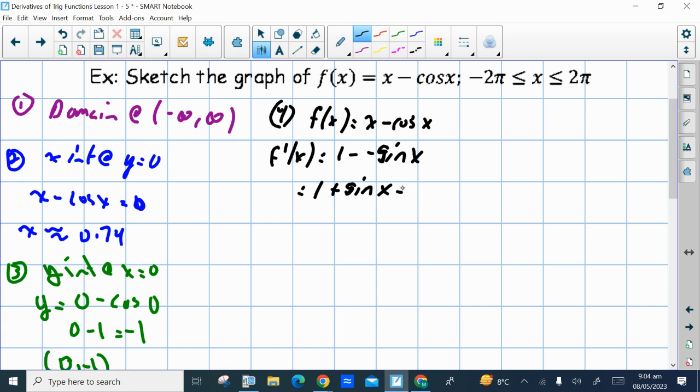And we want to know where this equals 0. So that'll be where the sine of x equals negative 1, when you subtract the 1 from both sides.